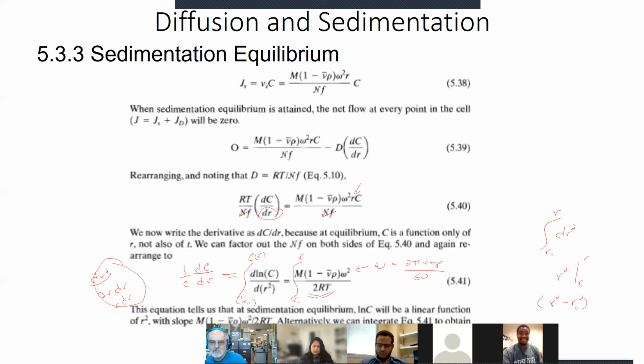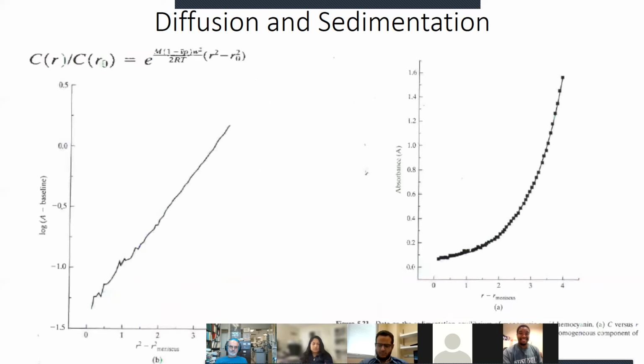And that's what gets multiplied by this other term in the front. And then on the other side, we have the integral of d ln c from c0 to c. So you get ln c evaluated from c0 to c, and that's why you get ln c over c0, because it's a minus c0. And so you get this on the left, and this term corrected for that on the right. That's the equation for equilibrium.